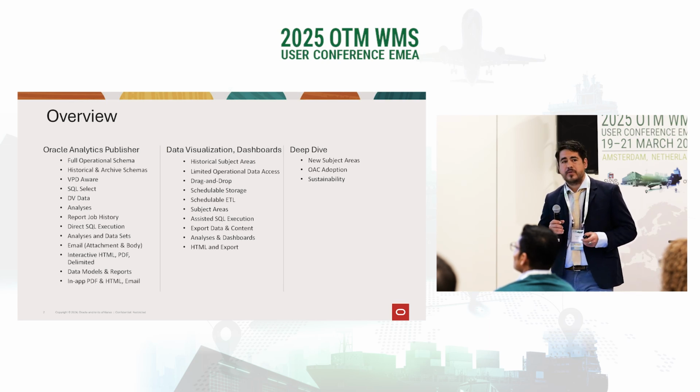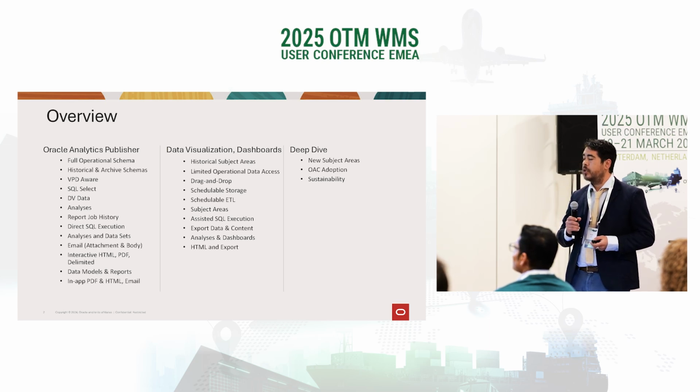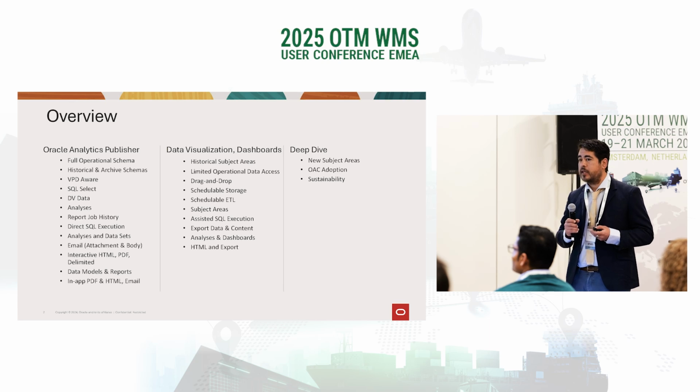Email is probably the most common way that we distribute with OAP. But there is also an interactive HTML, and that functionality, now that we've embedded OAP and DV into the main application, allows you to create workbenches that have OAP components.